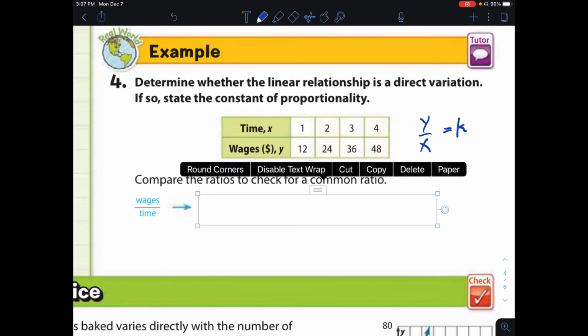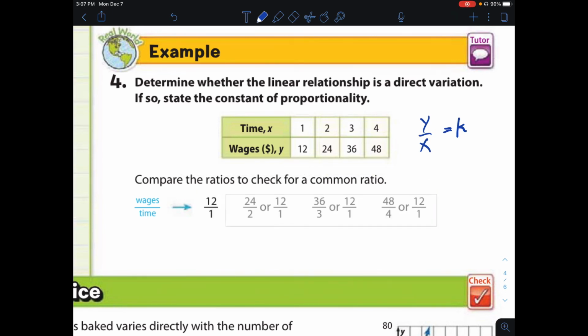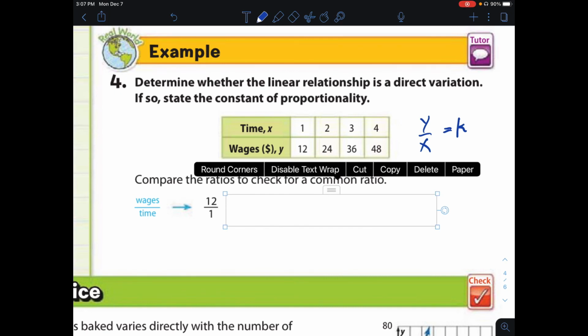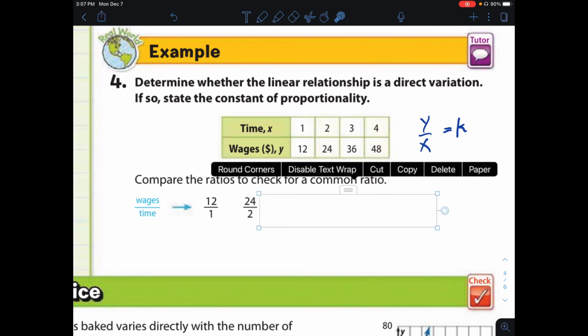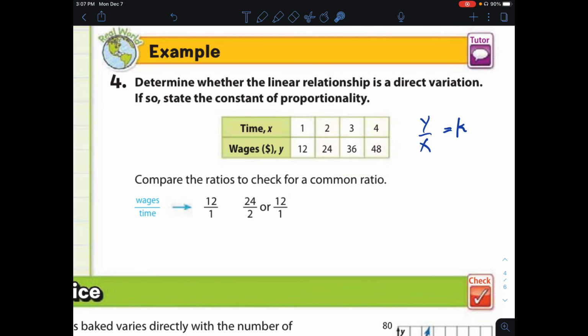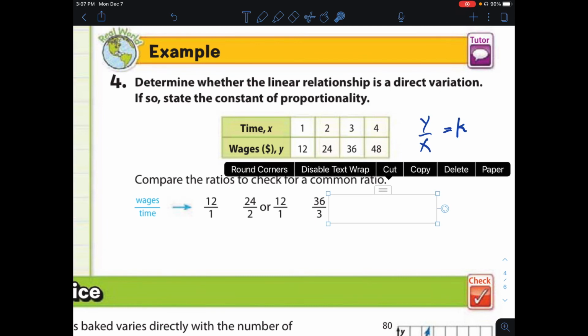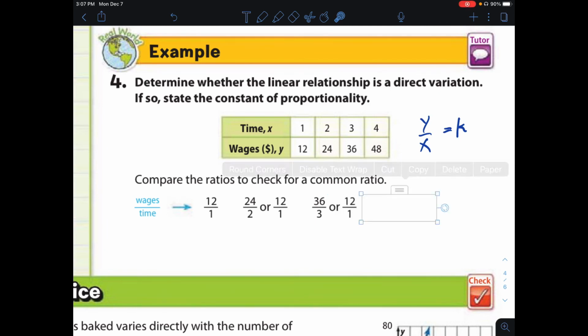So we have 12 over 1, which is this one right here. The next one will be 24 over 2, the same thing as 12 over 1. The next one will be 36 over 3, the same thing as 12 over 1. And the last one will be 48 over 4, which is the same thing as 12 over 1.